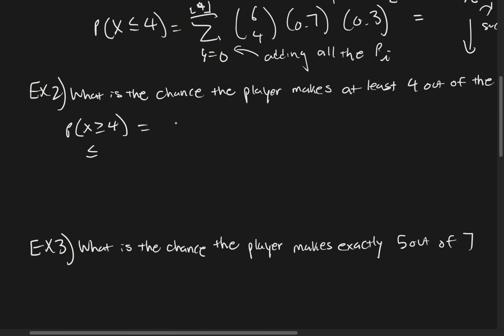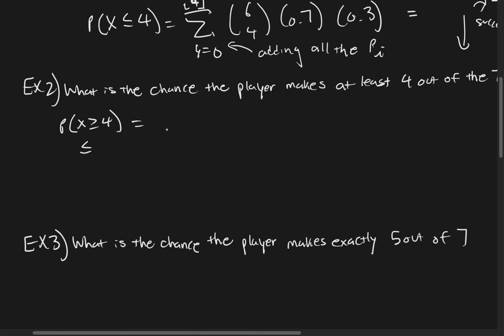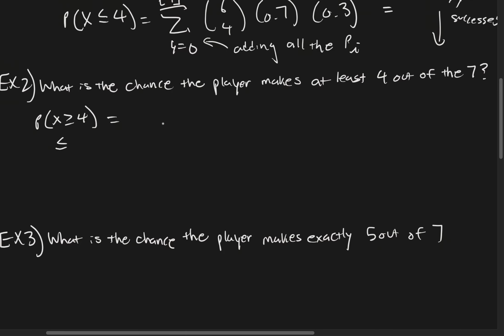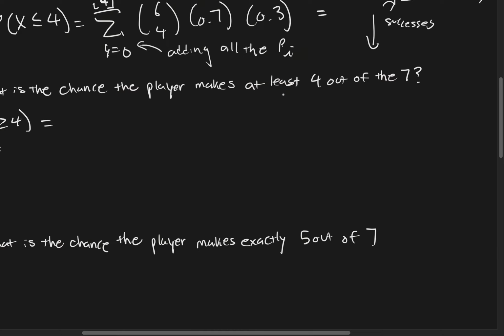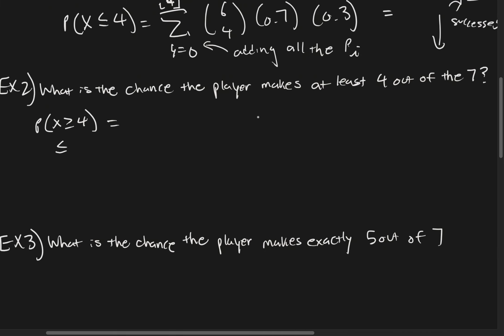So how can we say that the chance of the player making at least 4 out of 7 in terms of equal or less than?